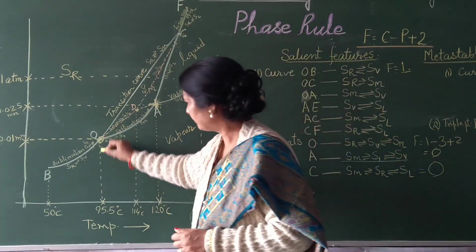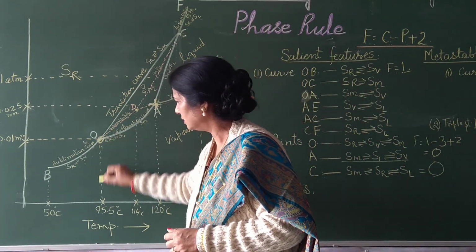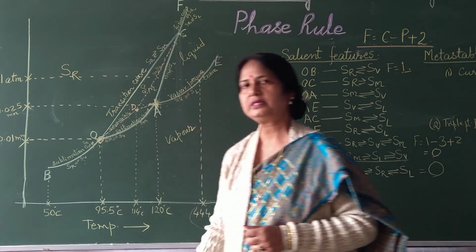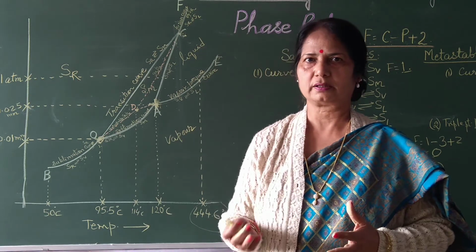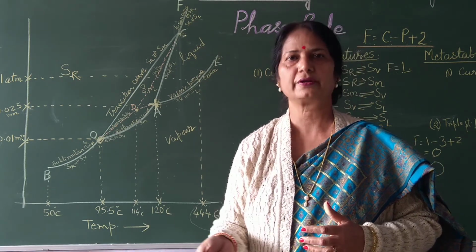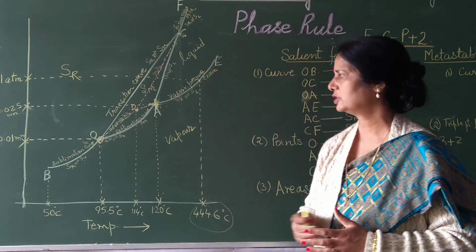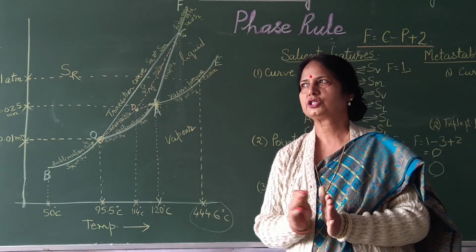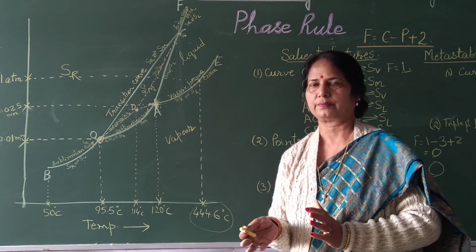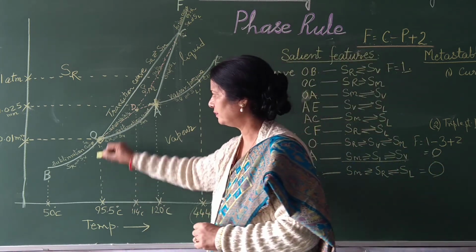Now I will explain them one by one. We have seen that this is the transition temperature, meaning at this temperature rhombic sulfur will change to the monoclinic form, one form of sulfur changing to another allotrope at 95.5 degrees.